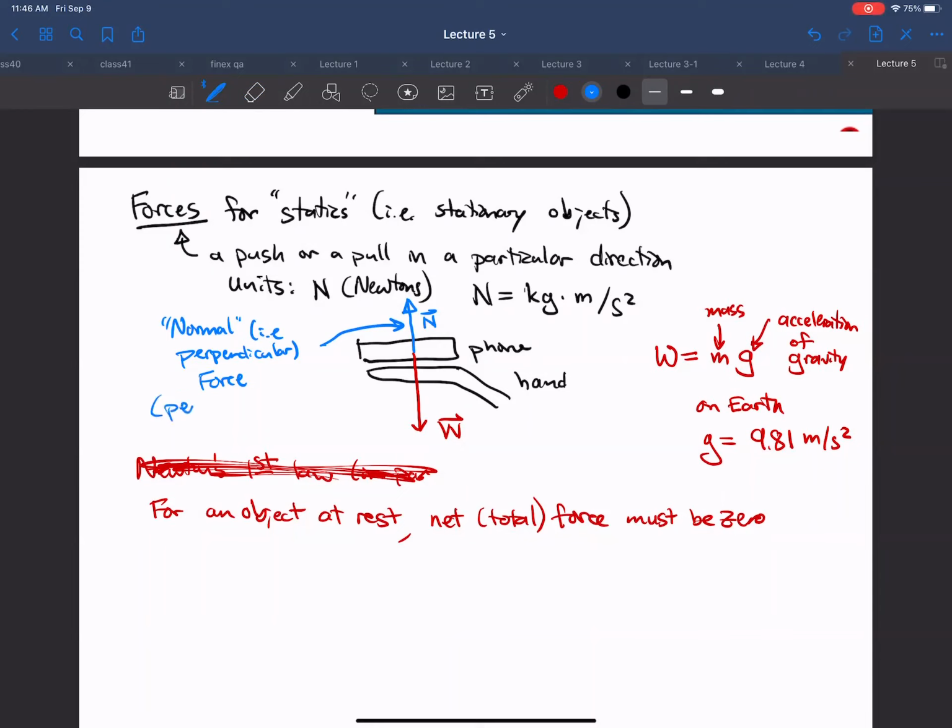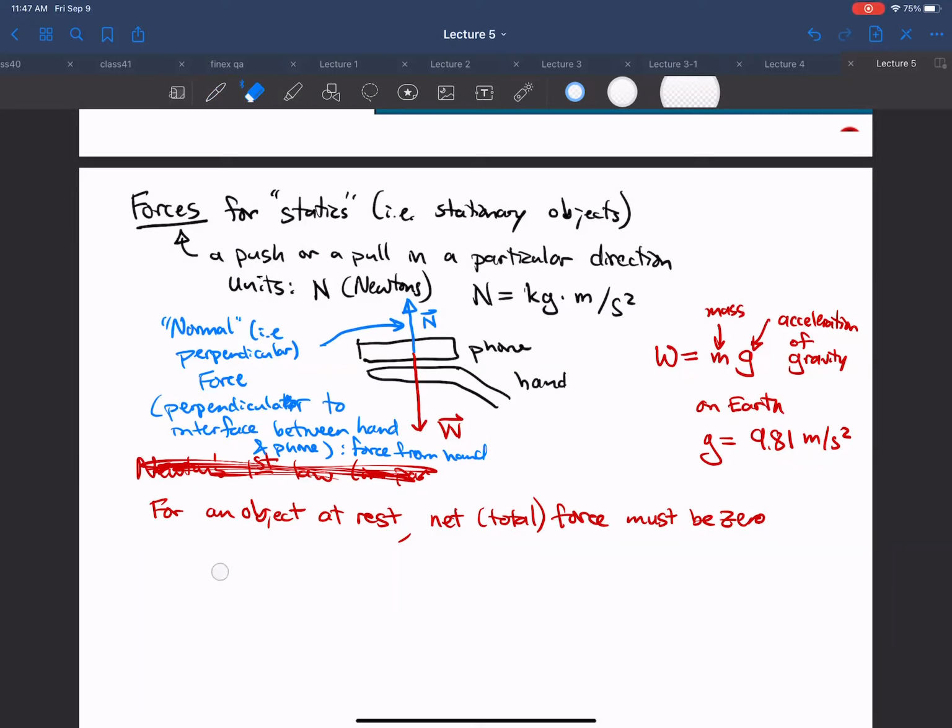So it's perpendicular to the interface between the hand and the phone. And we can think of it as the force from the hand. And since the phone is at rest, we can see that these two forces are pointing in exactly opposite directions.